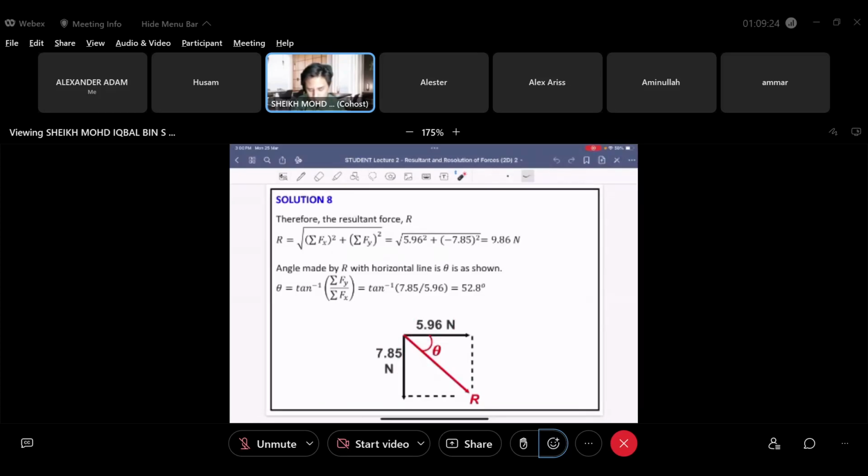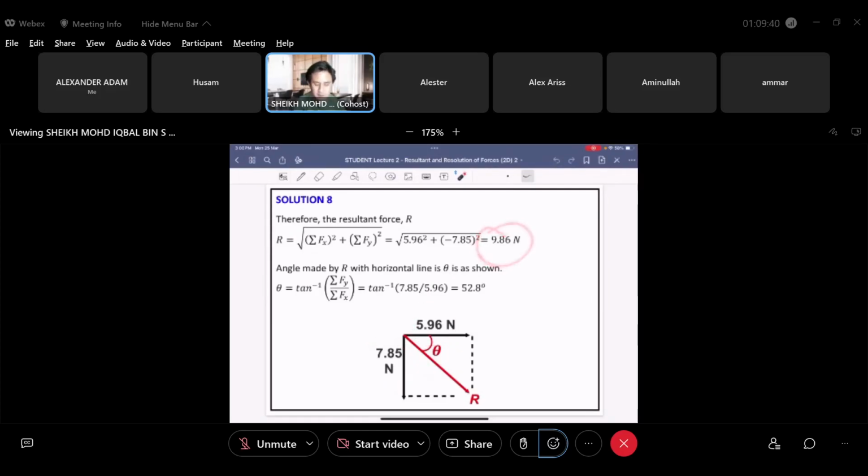Okay. So you get 52.8. And then to calculate the resultant force, it's just basically using the Pythagoras theorem, right? It's this one plus this one, square root it, you get 9.86.